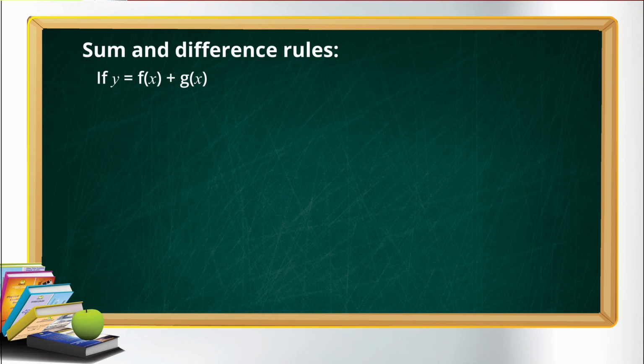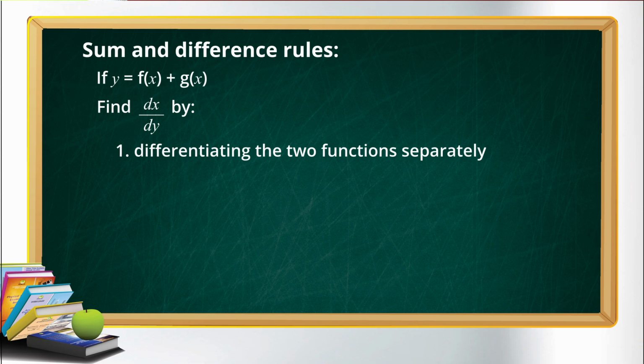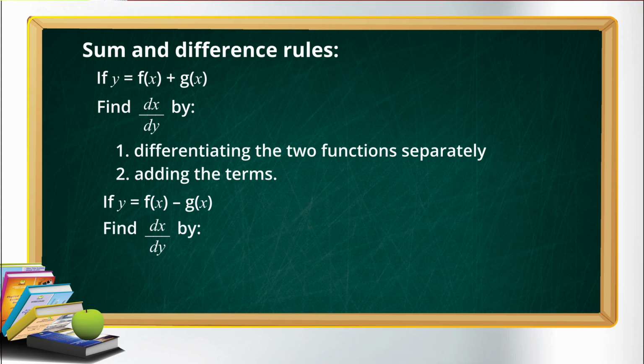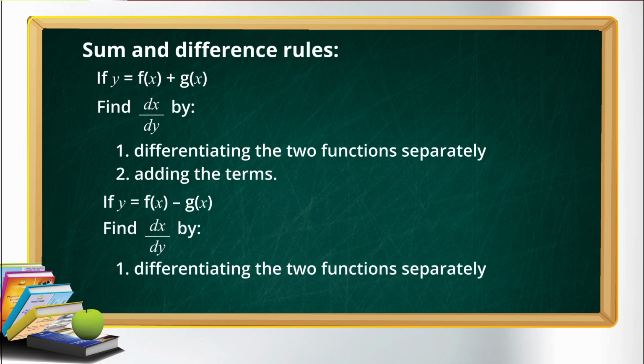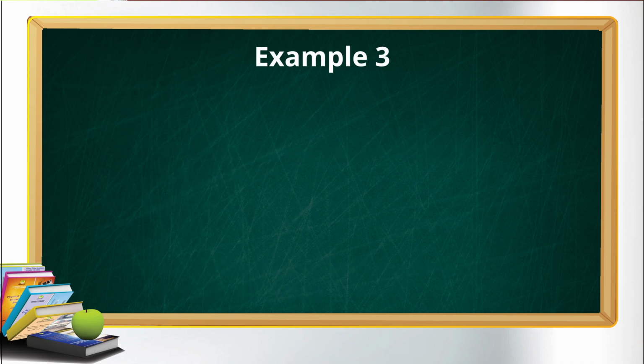The sum rule. If y is equal to f of x plus g of x, we can find dy/dx by differentiating the two functions separately and then adding the terms. But for y is equal to f of x minus g of x, we find dy/dx by differentiating the two functions separately and finding their difference.